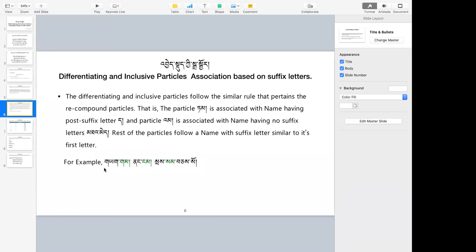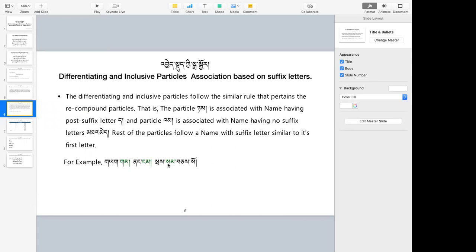So if there is a name which has a suffix letter similar to the first letter ka, then kam follows, as in yakam, because this suffix letter is similar to the first letter of this particle. So yakam, nangam, which has nga, and sesam, where the suffix letter is sa, followed by sam, because the first letter of the particle and the suffix letter of the name are similar.